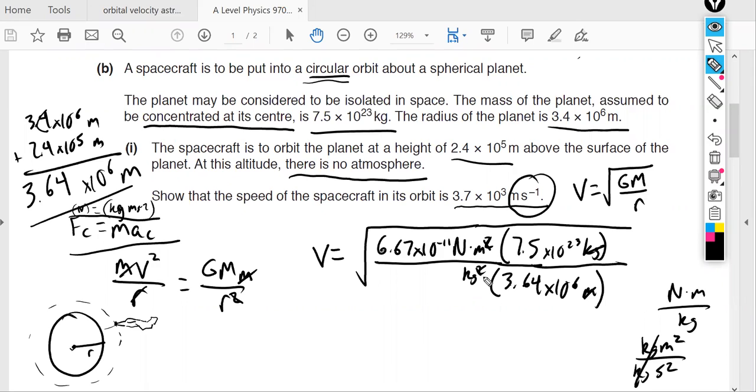So now I've got the answer under the radical. And you go, well, that's faster than the speed of light. Oh, yeah, still got to take the square root.